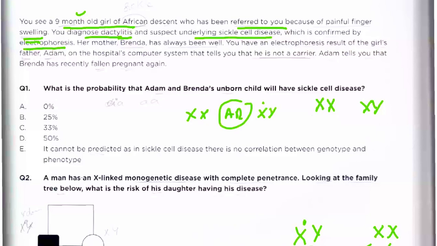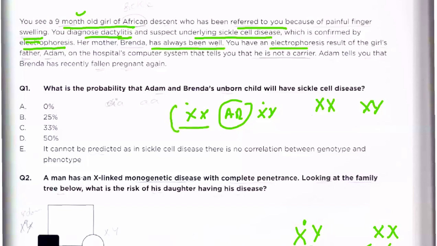Okay, so if both parents are carriers, they can give birth to a baby who has an autosomal recessive disease. Okay, now see what they say. Her mother has always been very well. It means we are not suspecting a carrier, or she may be a carrier, but she has always been normal.